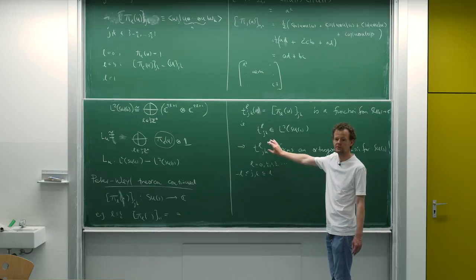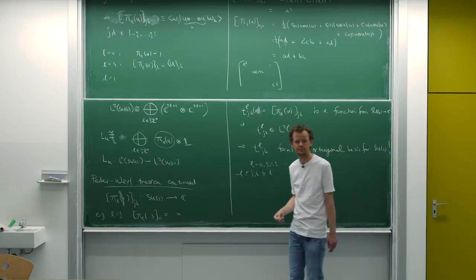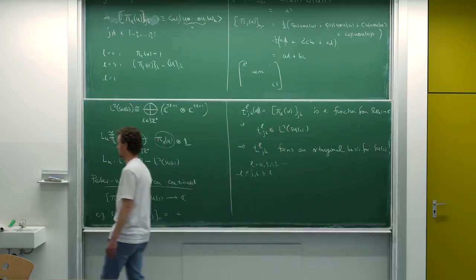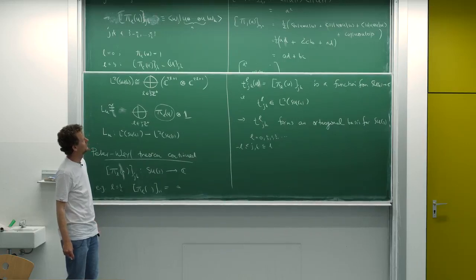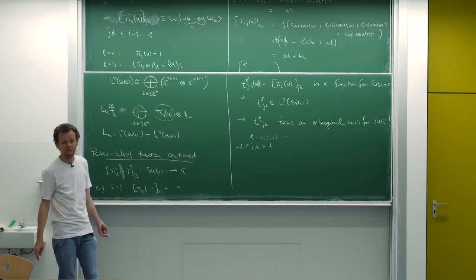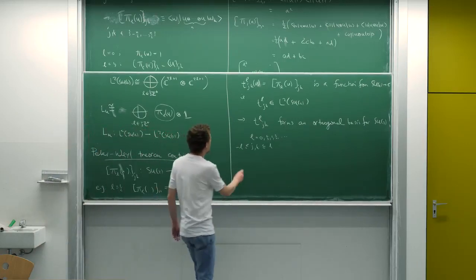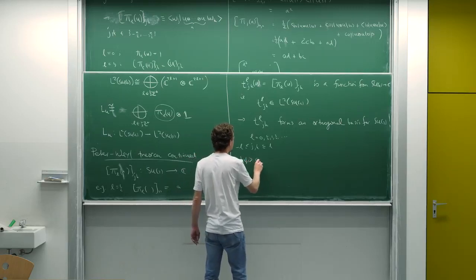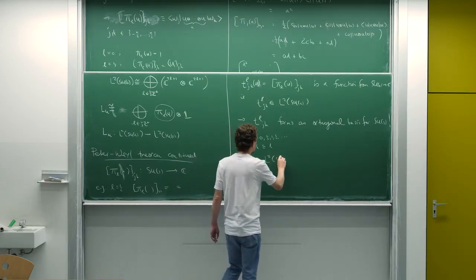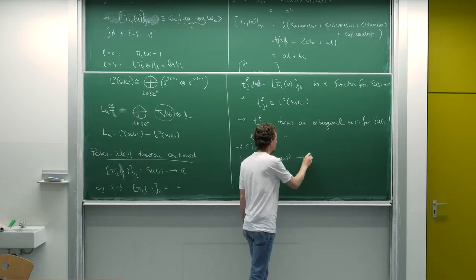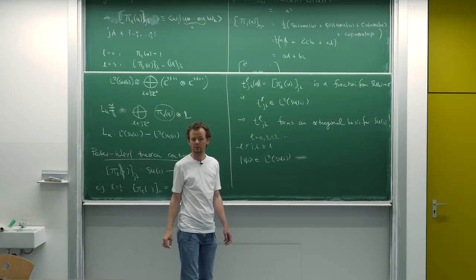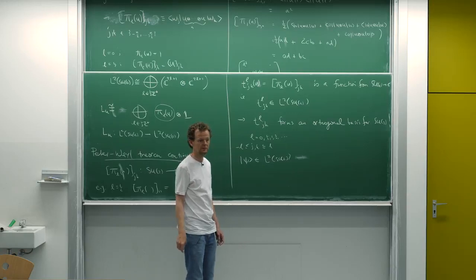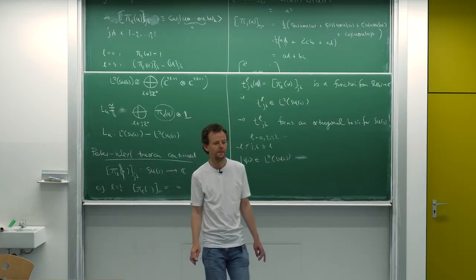They're all square integrable functions, and they form a basis for L2 of SU2. And that's the most important information we're going to need about L2 of SU2, because it tells us that every function from the Lie group to the complex numbers is expressible as a linear combination of these wave functions.